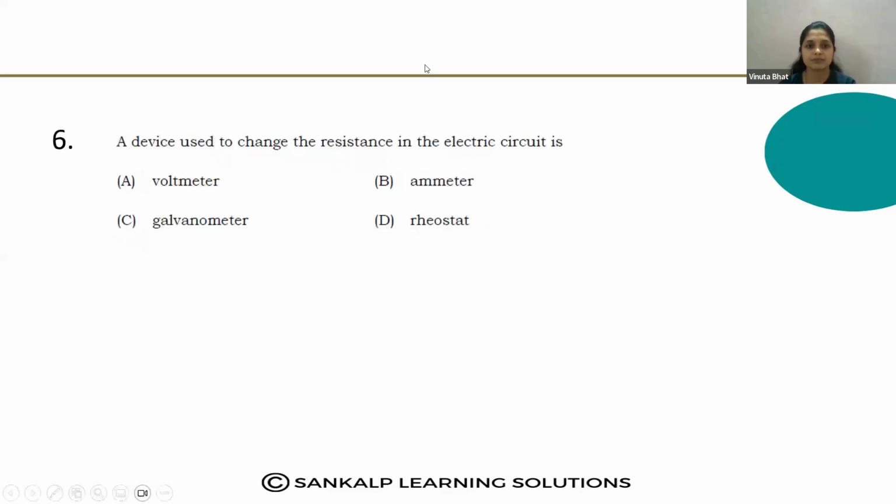Next question. A device used to change the resistance in an electric circuit. Voltmeter is used to measure the potential difference. Ammeter is used to measure the rate of flow of electric current.